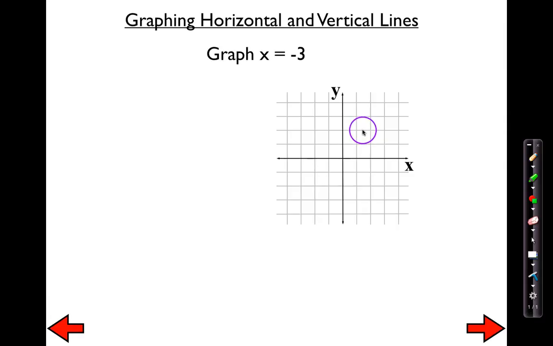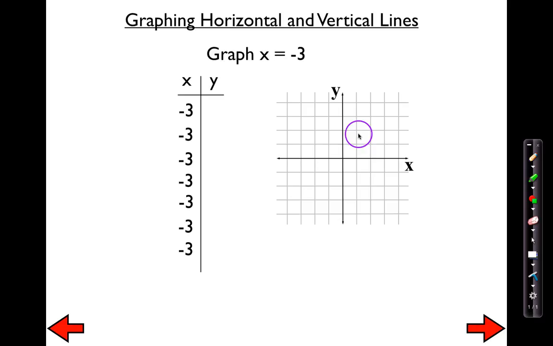So now, last but not least, go ahead and try to graph x equals -3. Okay, so we're back here. I'm going to go ahead and create a table where all the x's equal -3, since that's the function rule, where x equals -3. Now I'm going to go ahead and pick some negative and positive values for y.